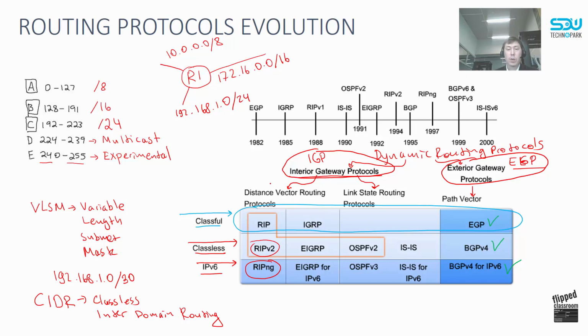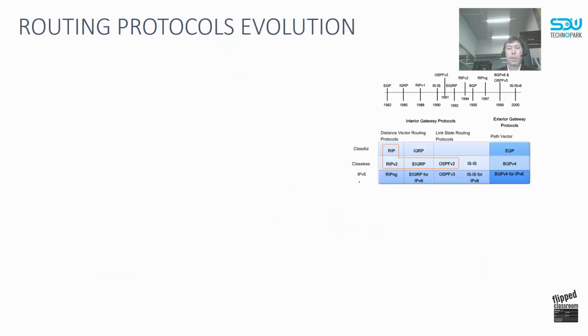And now let's take a look at the differences between distance vector routing protocols and link state routing protocols. Differences between these types of protocols are that distance vector routing protocols we can define as simple protocols. So these protocols do not take many resources due to the fact that they are very simple.